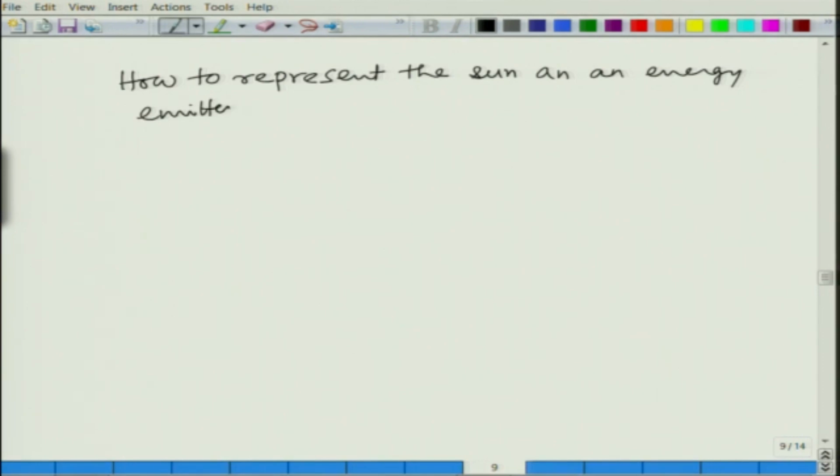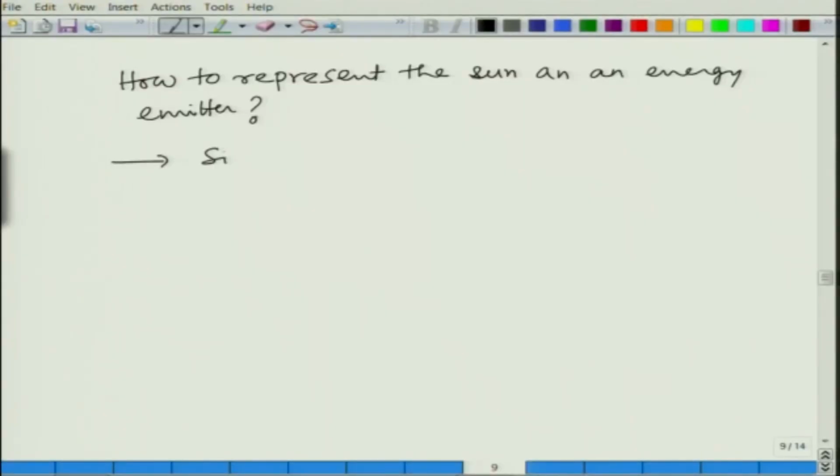Okay. We cannot consider all these core, chromosphere, corona, all these things, we just simply cannot. We have to have a very simplified model of sun, and that simplified model is a black body assumption.